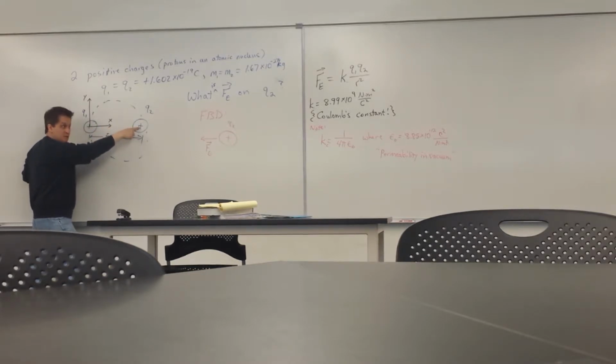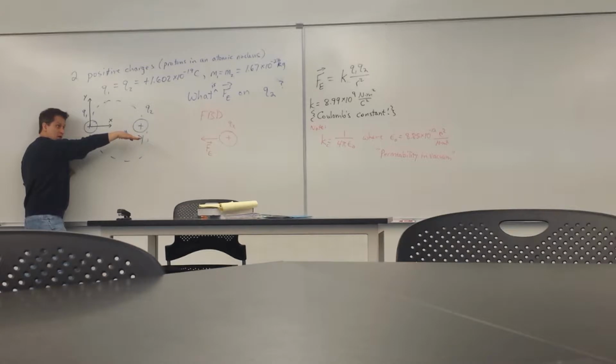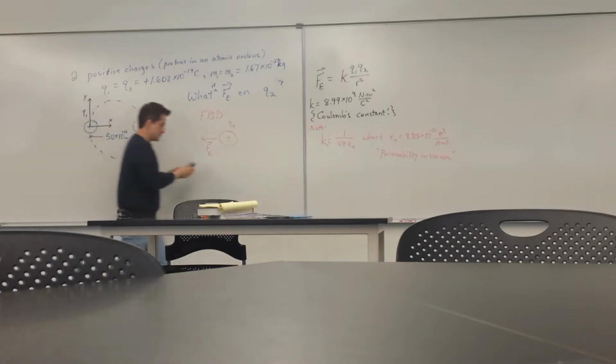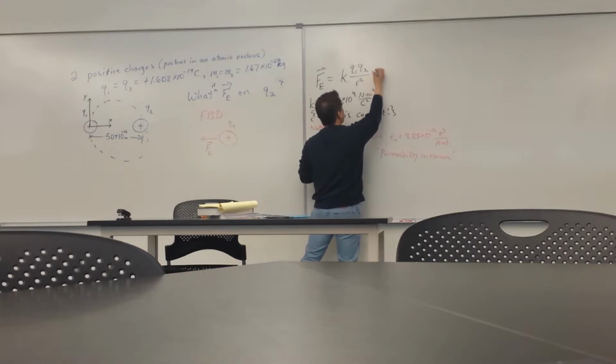So we're looking at what's going on with Q2. So we place our origin at Q1, and our x direction in this particular assignment is, in fact, the direction of that force. So whether it's a positive or a negative quantity, which will be determined by electric charge, I know that I can define it in terms of this i direction.